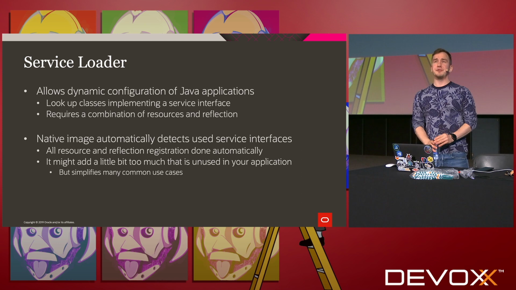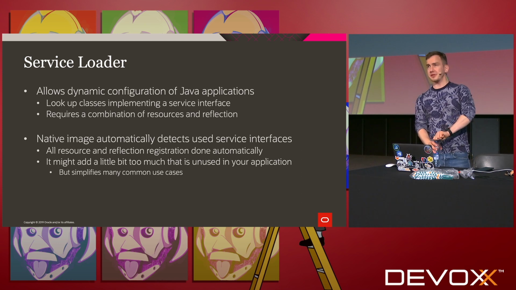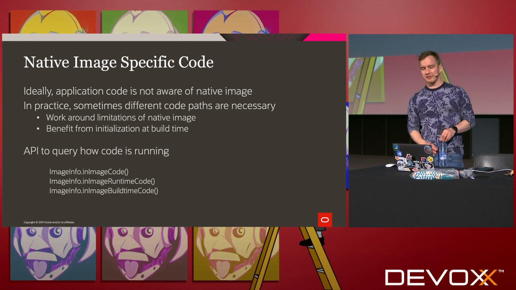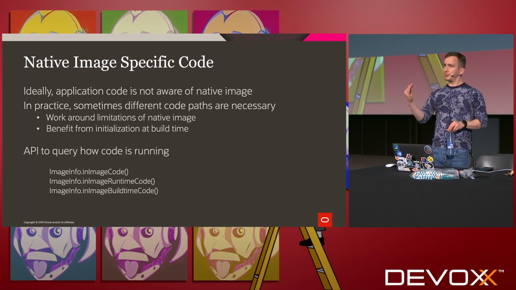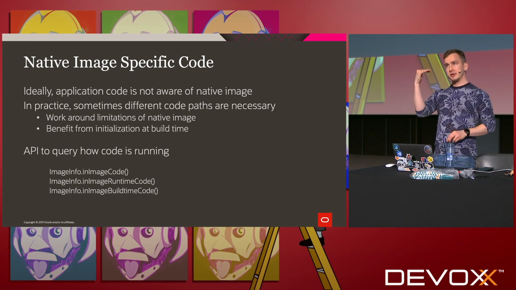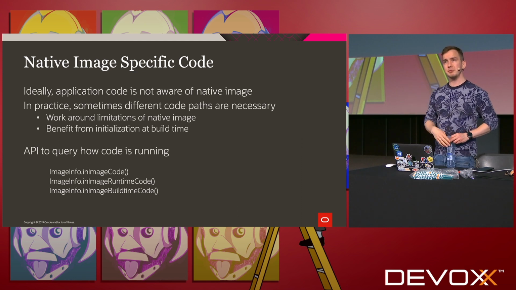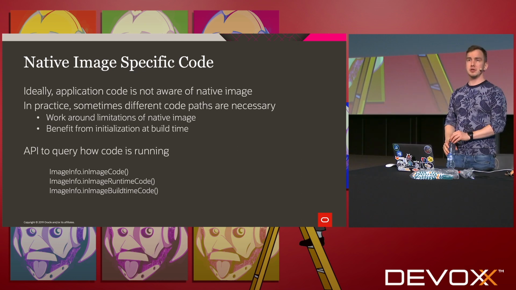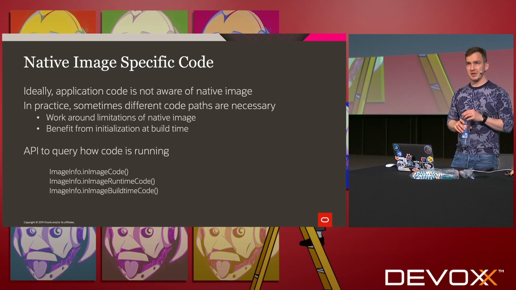And at the end, if everything else fails for you, and you specifically want to run your application on native image, you can always do so by using a lower level API. There is an API to figure out whether you're running during the generation of the native image, at runtime of the native image, or in the JVM process with a JIT.